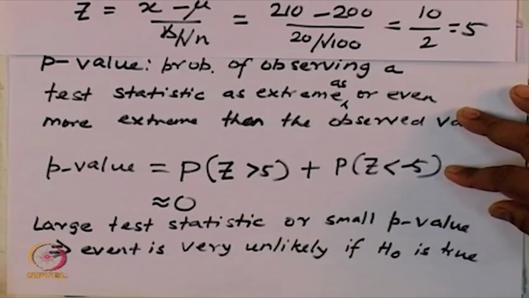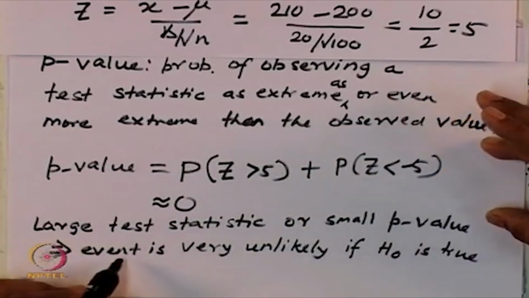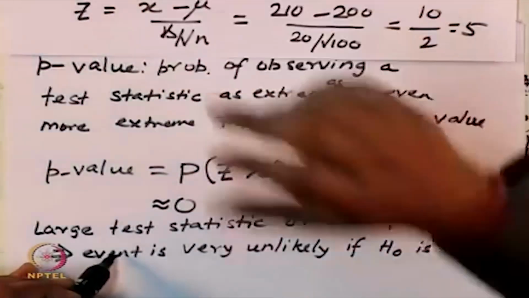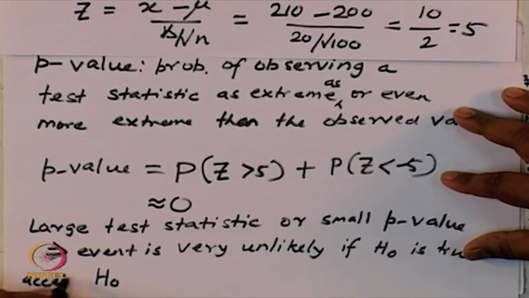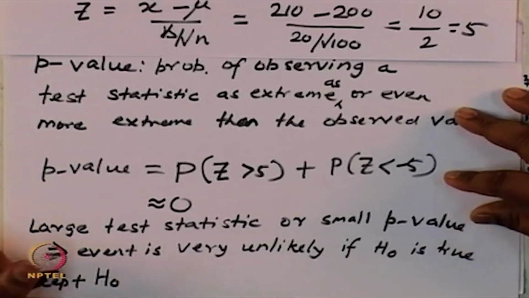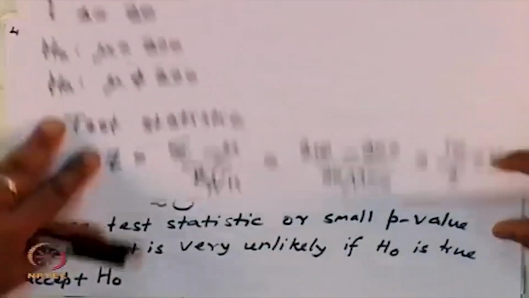So, this tells me that in this case this is a very unlikely event if the average was to be 200. So, in this particular case I would reject H naught, because this probability is very low.